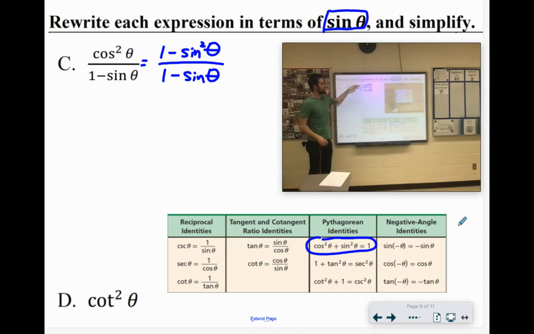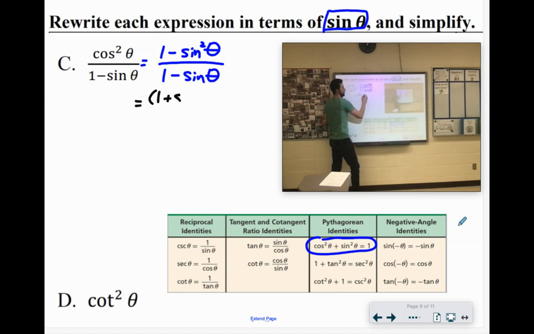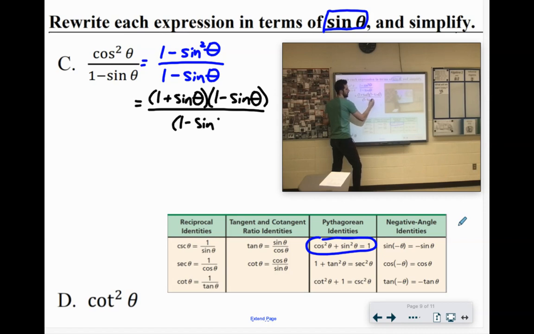Now again, you can't cancel these out because they're not exactly the same, but you can do the difference of squares thing. You could square root 1, you could square root sine squared. Square root of 1 is 1. Square root of sine squared would be just sine. 1 plus sine of theta times 1 minus the sine of theta, all of that is over 1 minus the sine of theta.